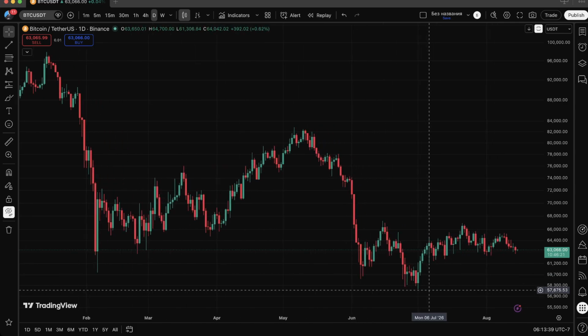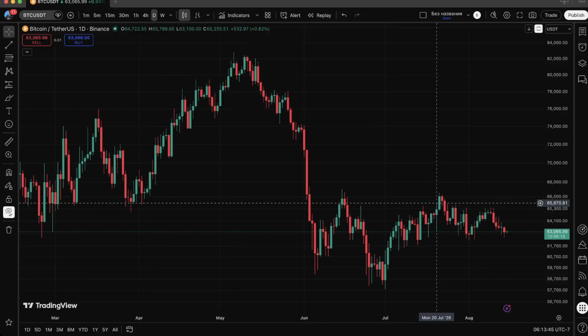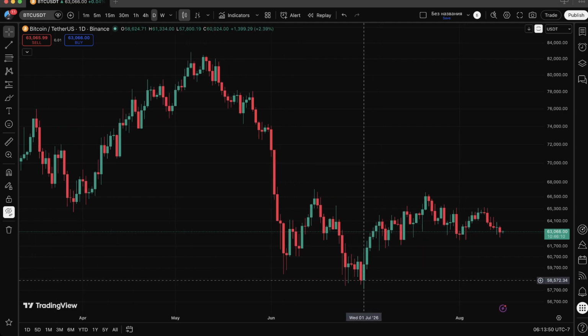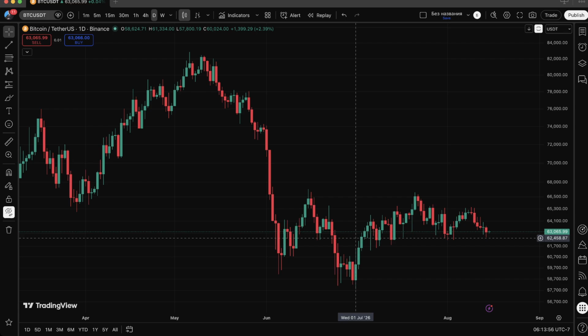So due to that, we realize that Bitcoin literally tends to update the lowest price of 2026, and I think it's only a matter of several days or several weeks before Bitcoin updates the lowest price of 2026. So my main target is updating the lowest price of 2026. It is 57,800, guys.